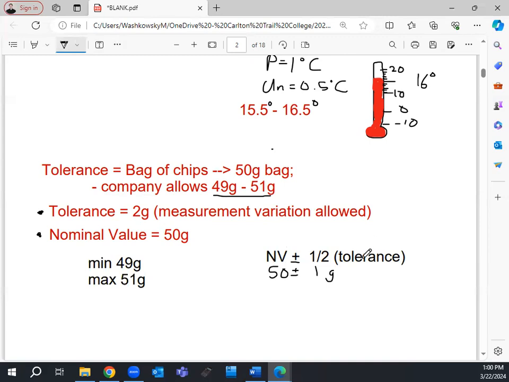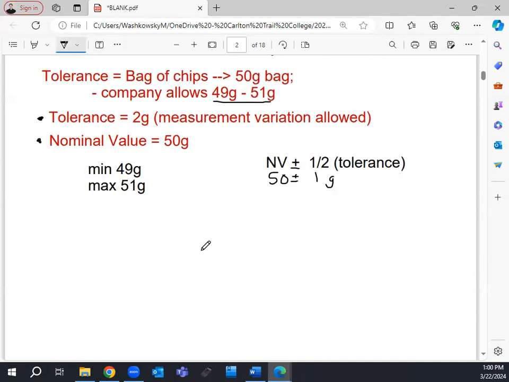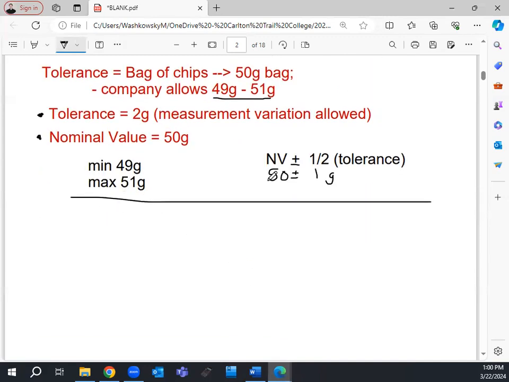Because our tolerance is 2 grams. I've just cut that in half. It's saying this can be either 1 gram higher or 1 gram lower, but I'm okay with that. So there's two methods.